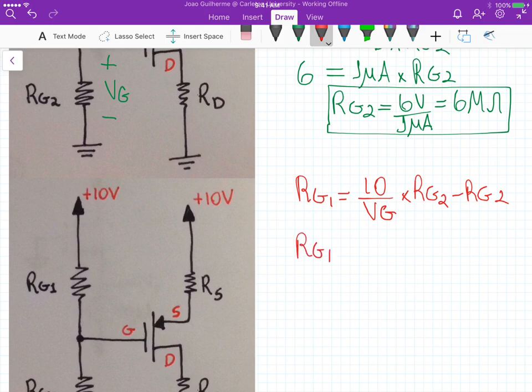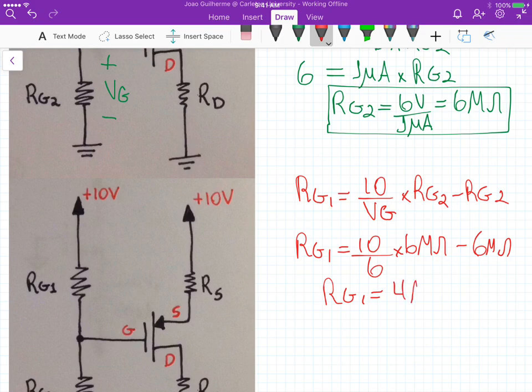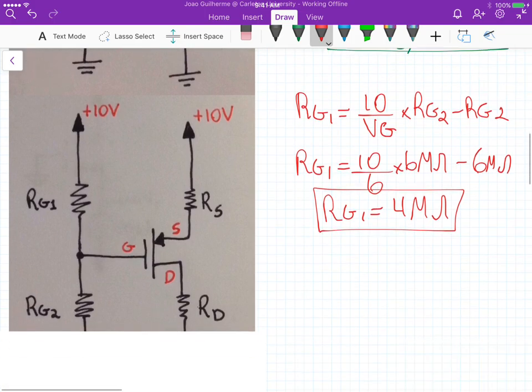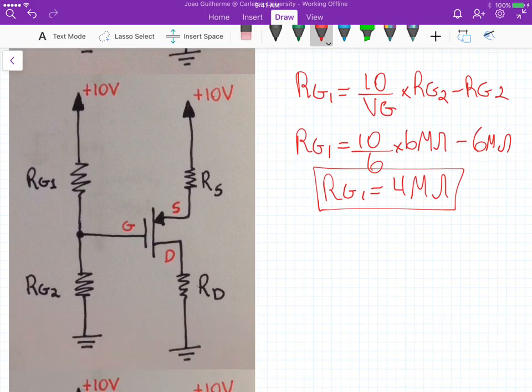This gives us RG1 equals 10 divided by 6 times 6 megaohms minus 6 megaohms, and this gives us RG1 equals 4 megaohms. This is just because we have a voltage divider here. So there's a current flowing here, and there's no current flowing into the gate because the current at the gate equals 0. So now we have designed those two resistors.